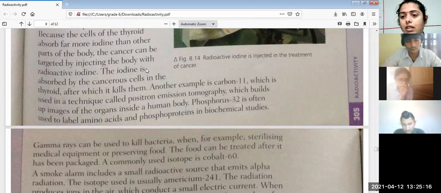When these radiations are emitted, the cancer cells are going to be killed. Yes, there are some effects of this on the other tissues, on the other cells also, but we treat them slowly, fine, and we come out of this danger.